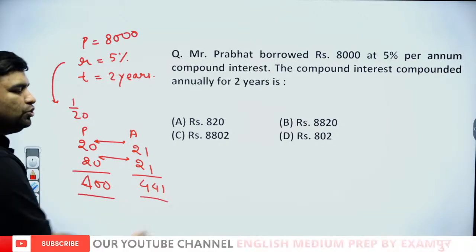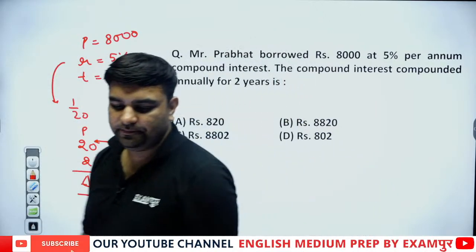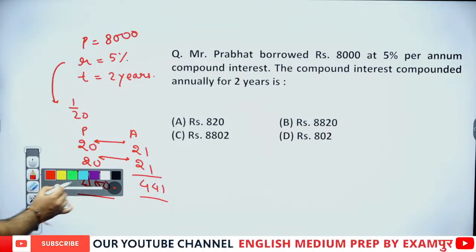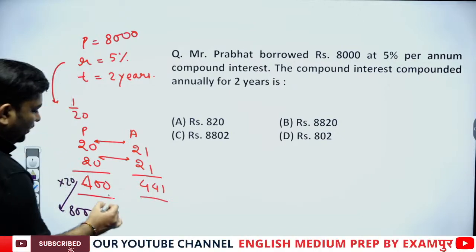Principal in the ratio is known. Amount in the ratio is known. You can find out whatever you want. Principal is given as 8,000, so multiply by 20. What is the amount? What is the interest?